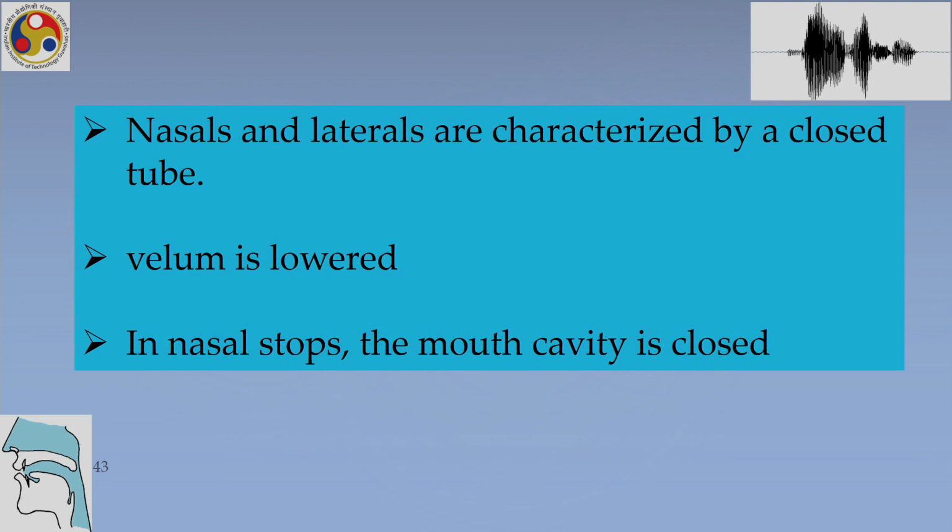All these properties of the filtering give a particular property to the consonants. In nasal stops, the mouth cavity is closed. For laterals, we have the tongue tip closing at the alveolar region if it's a clear L, and you have release from both sides of the tongue.